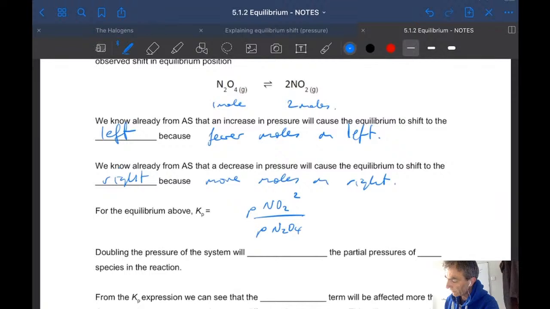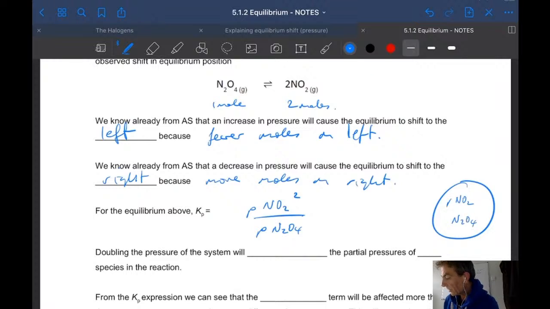Right, so what you've got to remember for this is that that's meant to represent a sealed container. So inside this sealed container, you've got NO2 and you've got N2O4, and their partial pressures both contribute to the total pressure. Okay, so if you double the pressure in that system, so if you increase the pressure twofold, what's that going to do?